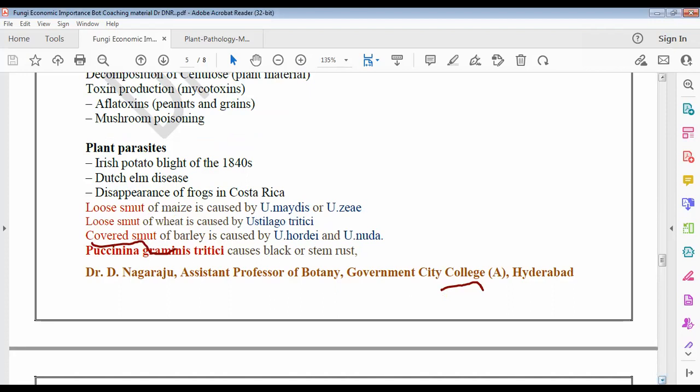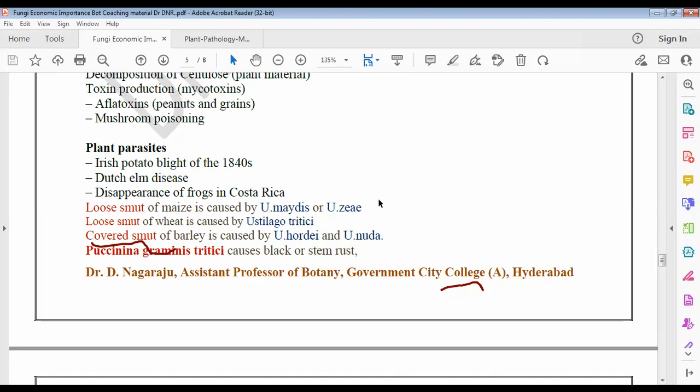And you know the loose smut of maize is caused by Ustilago. I already told you, rust disease is caused by Uredinales fungi, and smut disease is caused by Ustilaginales, that's why Ustilago.